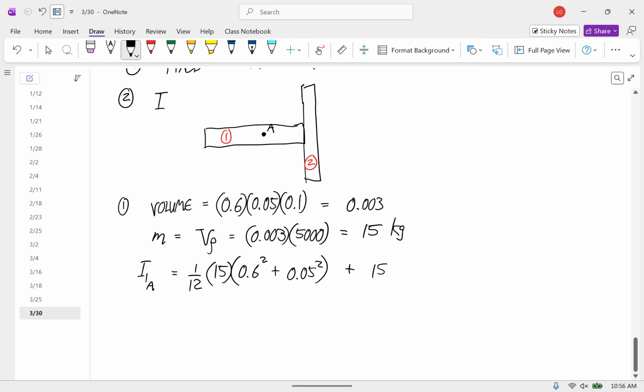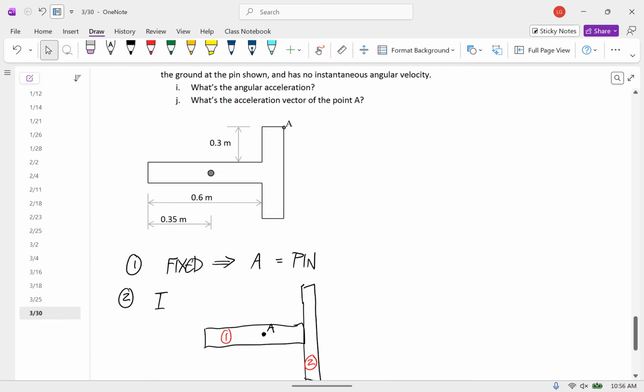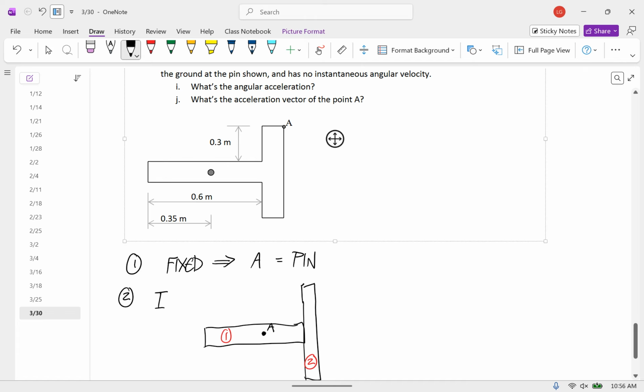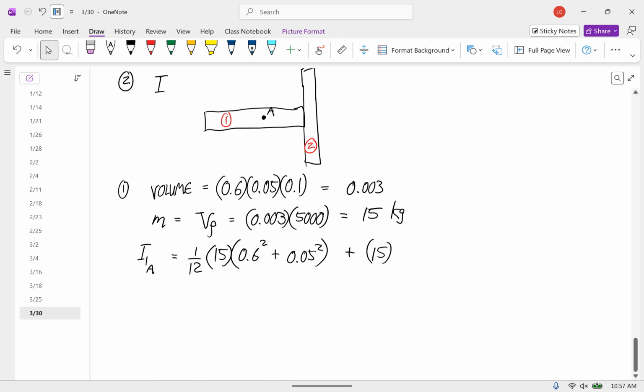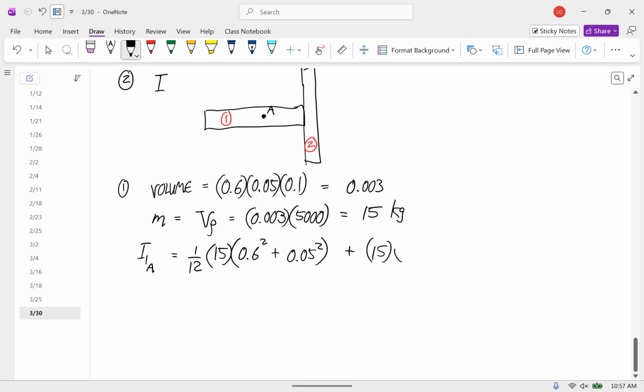So that is the mass times the distance from the center of mass of this rectangle to A. Well, notice that the point A is 0.35 from the end. The center of mass of this rectangle is 0.3 from the end because the length is 0.6. So that distance is 0.05, and we square it. Any questions about that?